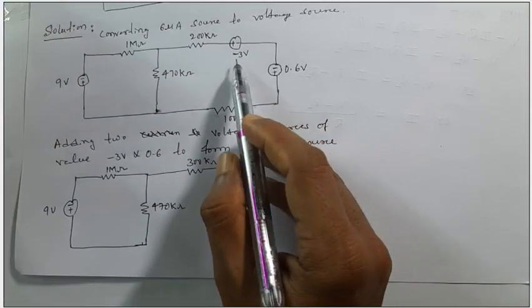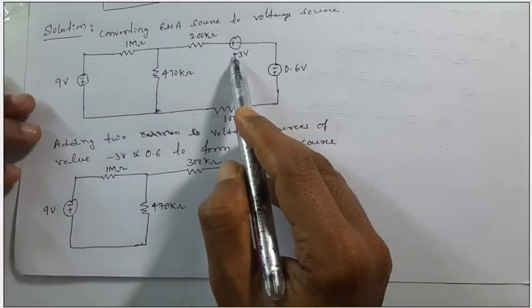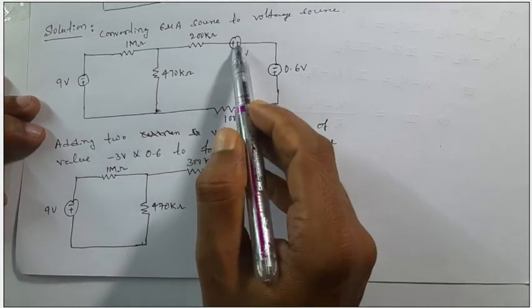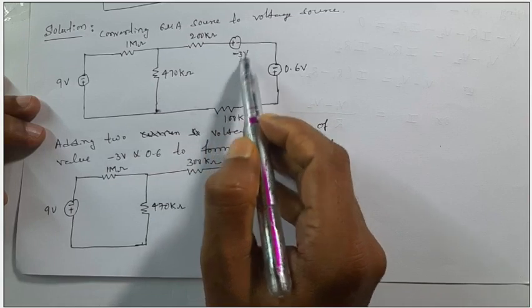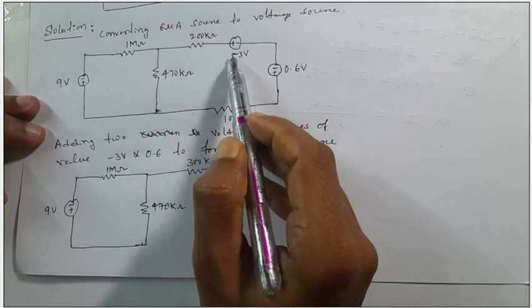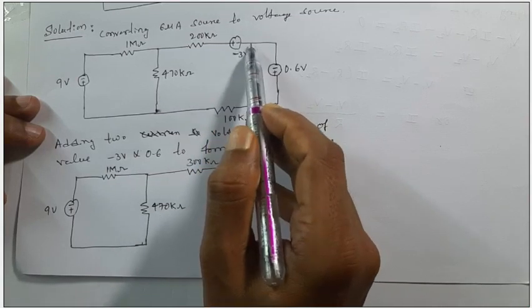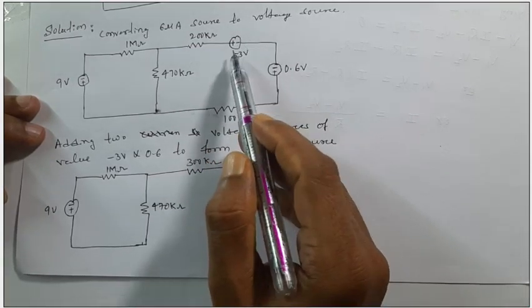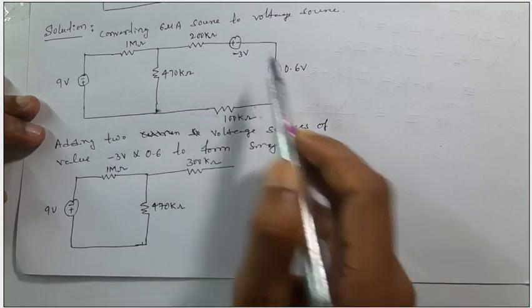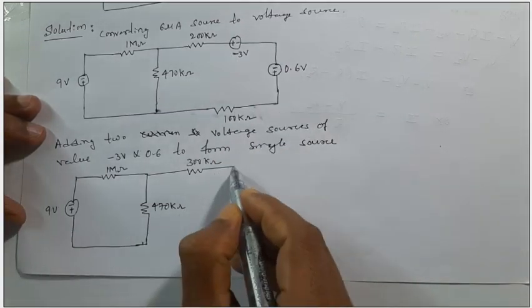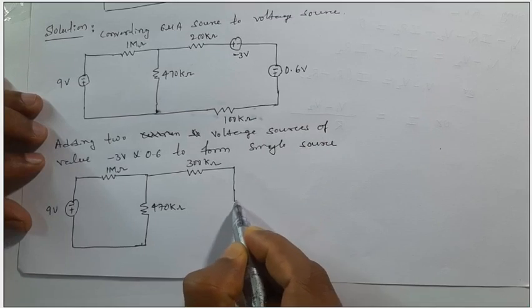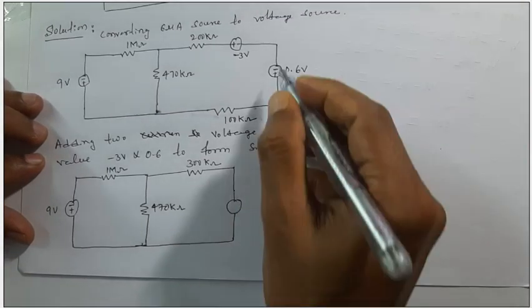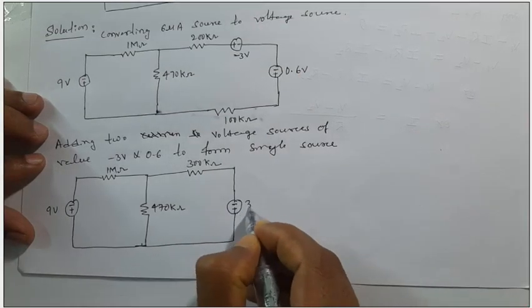And here students, look, this is minus 3 volts, this is minus plus, this is plus minus, meaning if I use this sign instead of plus minus, I can consider this as minus plus, and both can be added, meaning it is 3 plus 0.6 which is equal to 3.6, with the sign minus plus, 3.6 volts.